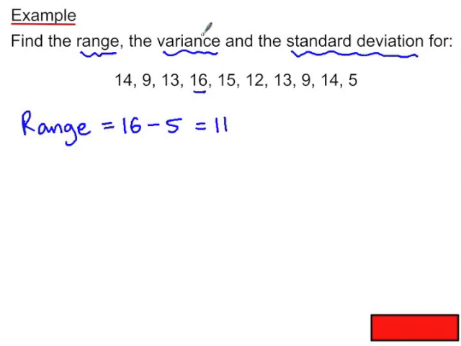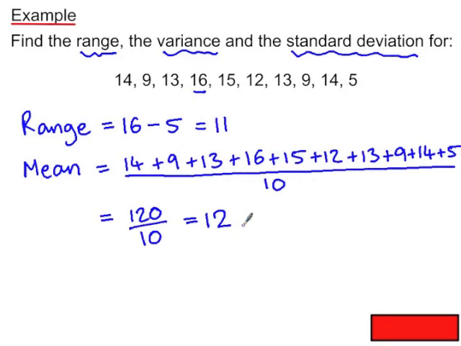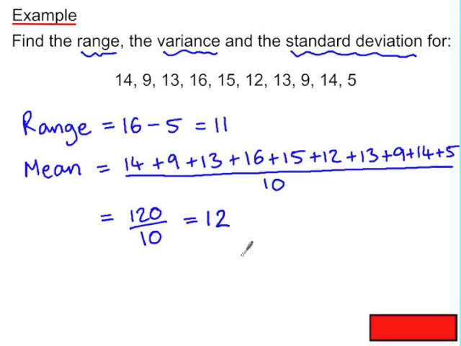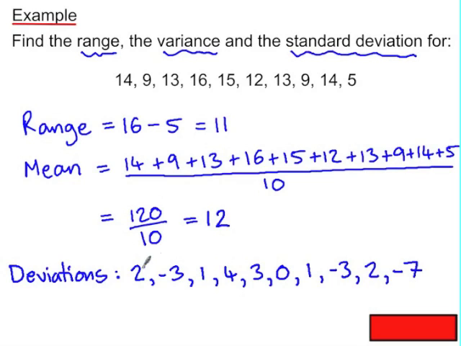To work out the variance and the standard deviation, we first need to know the mean of the scores, which is 12. Next, we need to subtract the mean from each of the original scores to work out the deviations from the mean. And to check that we've done this correctly, these deviations should sum to 0.